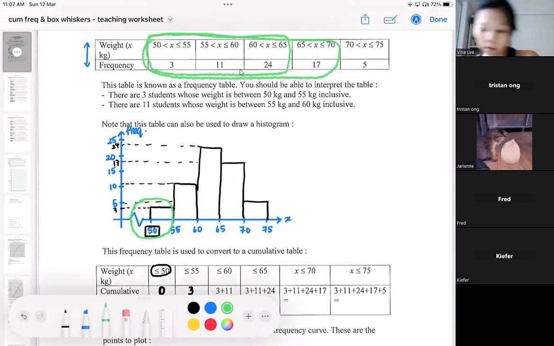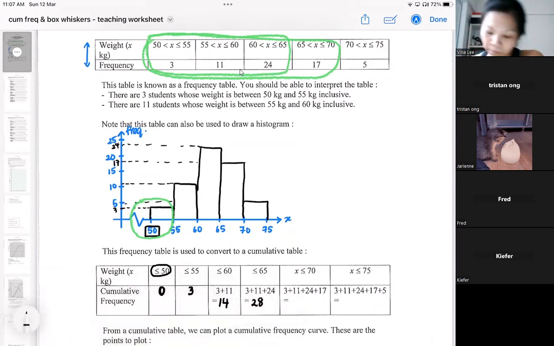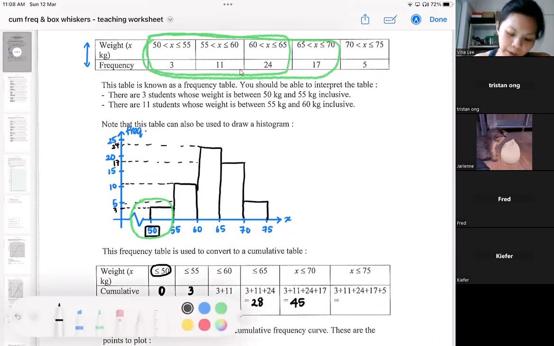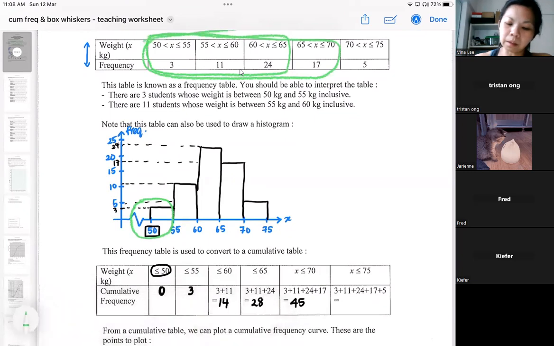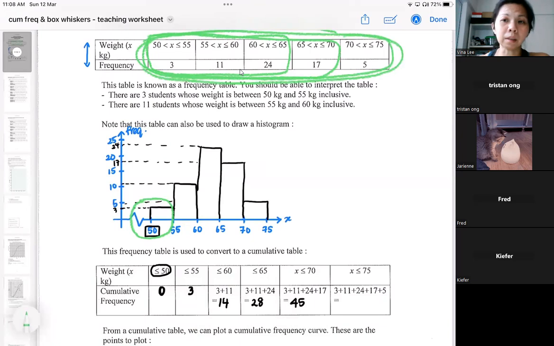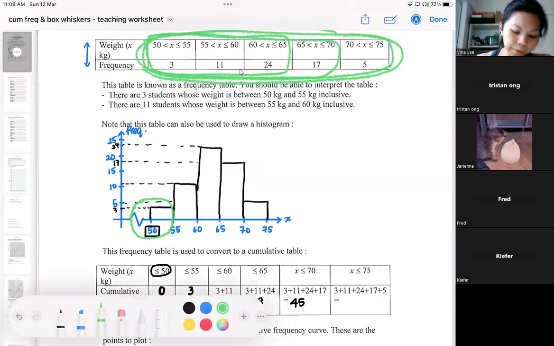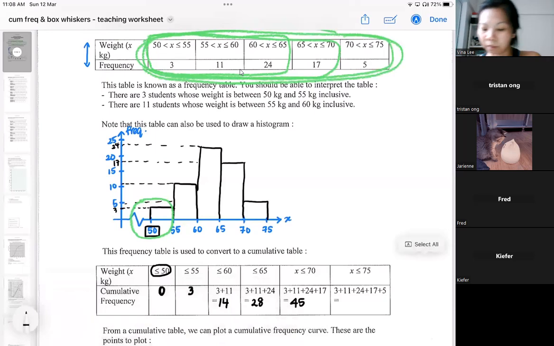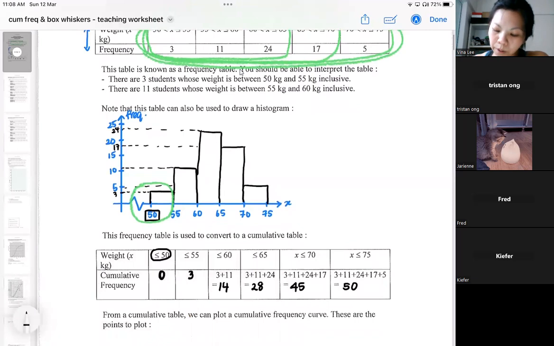That's why this table is called the cumulative table. Until the last part, how many students are less than or equal to 75? Everybody is less than 75 right now. So everybody in the table is less than 75. So in a way, this is usually the total number of the students.